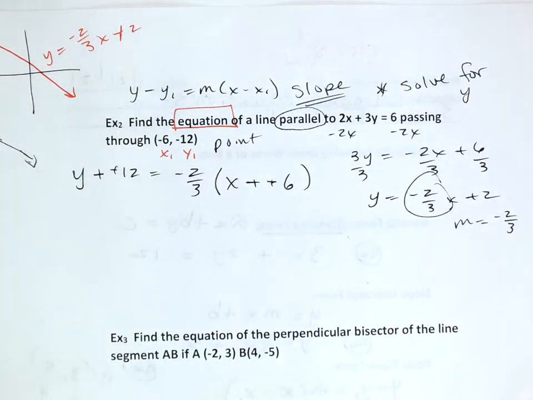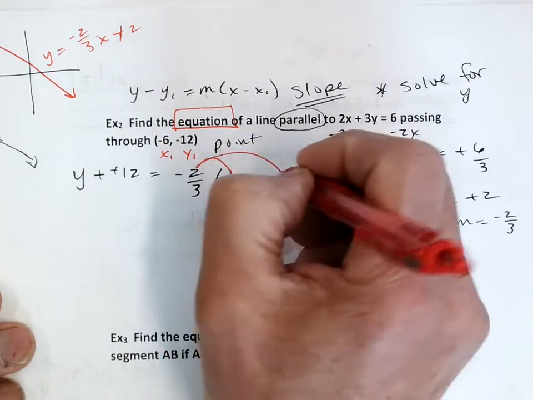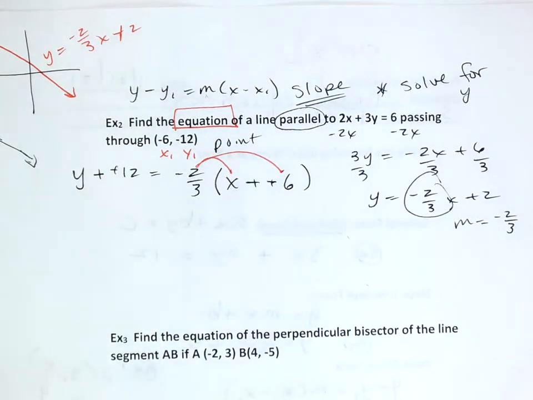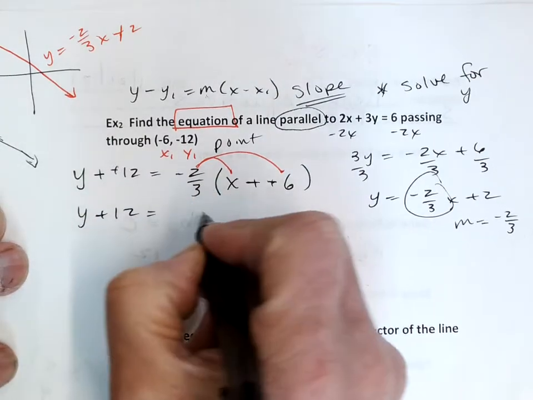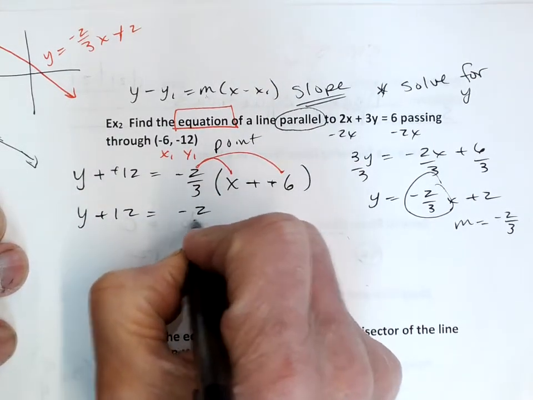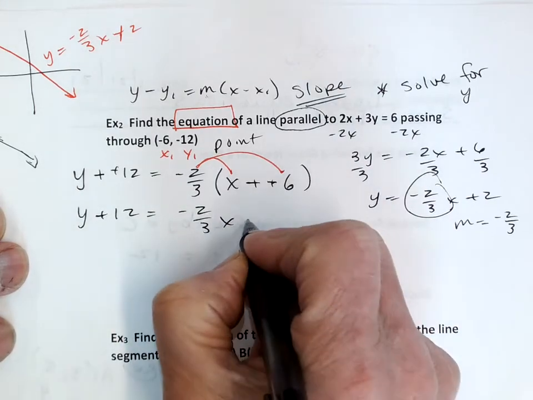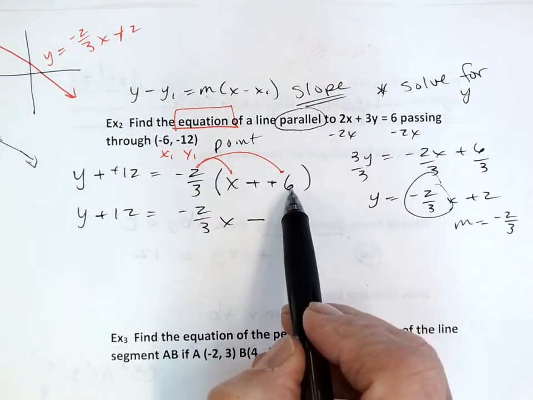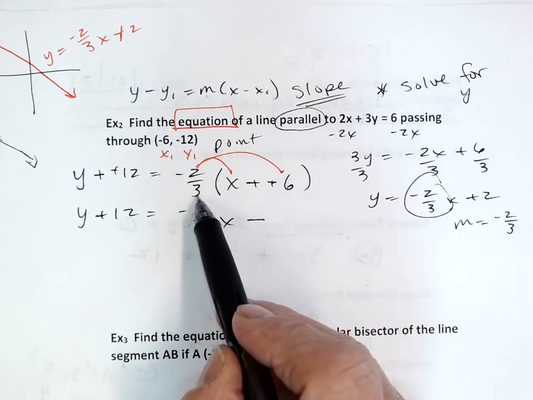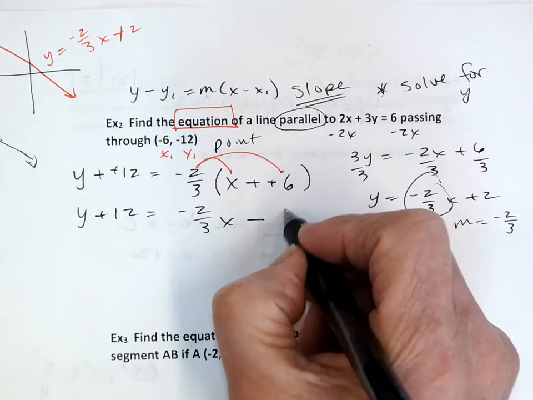So what I have then, and I'll distribute, right? I've got y plus 12 equals negative 2/3 x minus 2 times 6 is 12. 12 divided by 3 is 4. You okay with that?